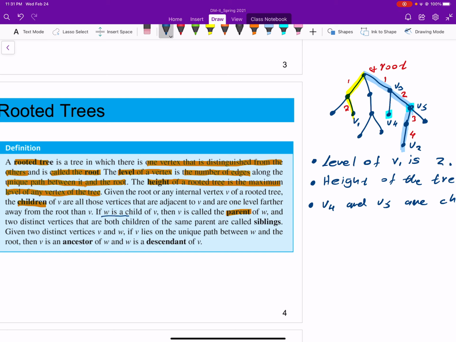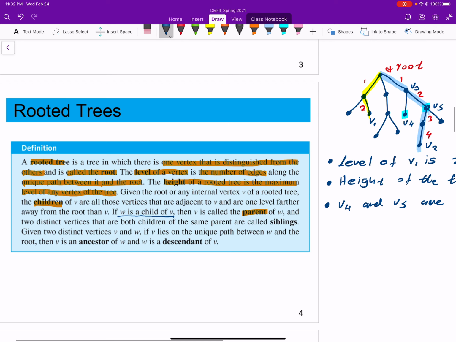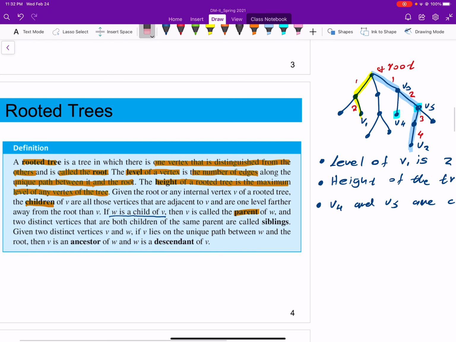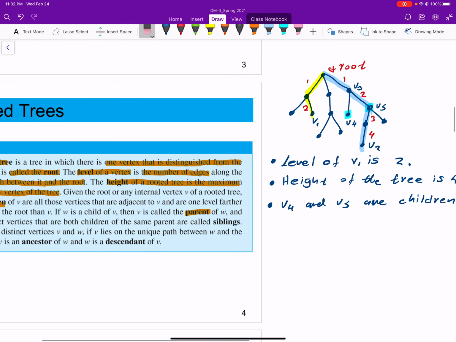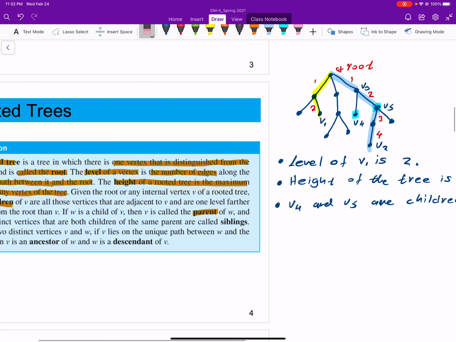If W is a child of V, then V is called the parent of W. And two distinct vertices that are both children of the same parent are called siblings, like a family. Okay, now just talk about the parents.